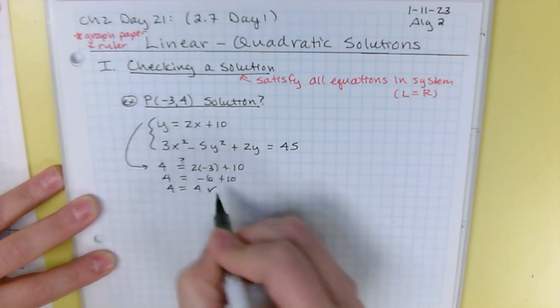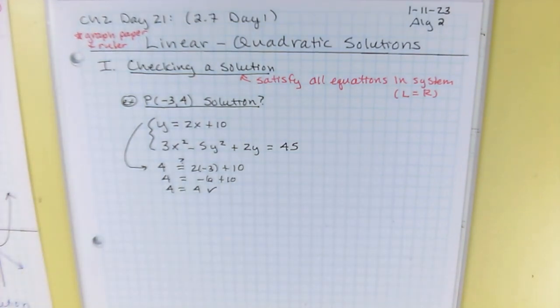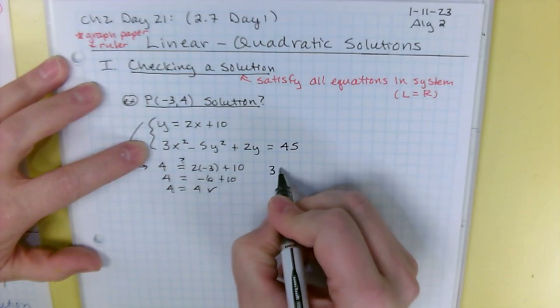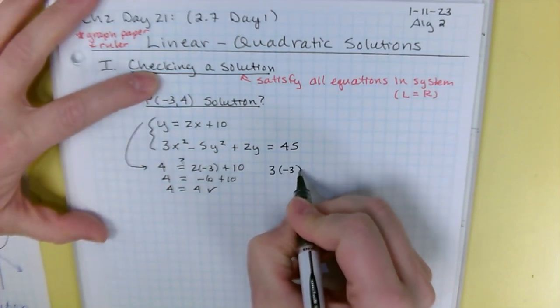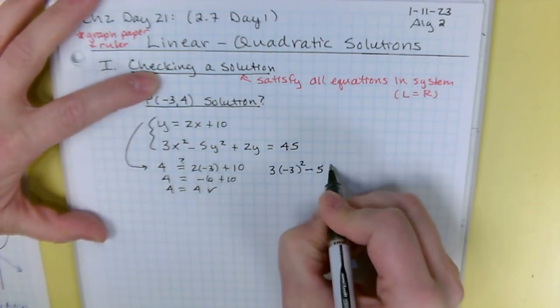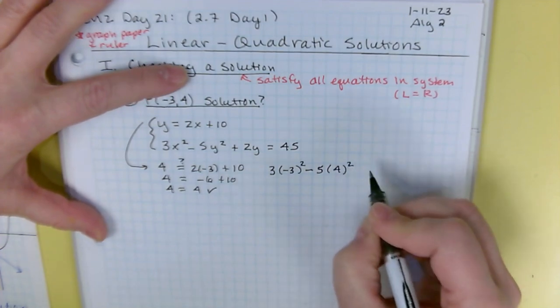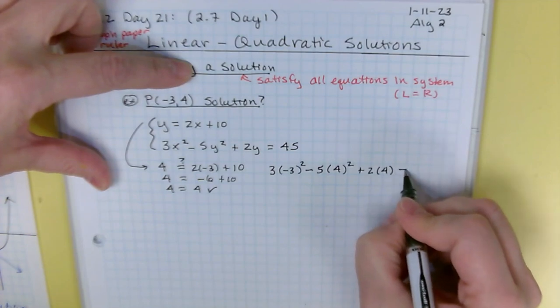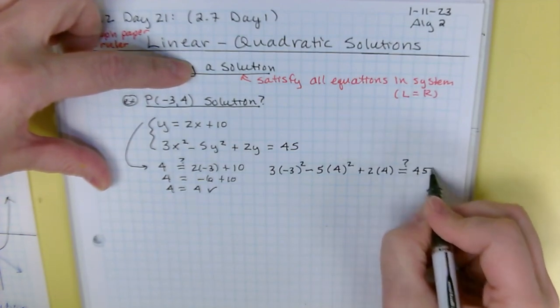So yes, it works in the first equation. Now we've got to try it out in the second equation. Again, we're going to substitute in for x and y. So 3 times (-3)² minus 5 times 4² plus 2 times 4. Does that equal 45?